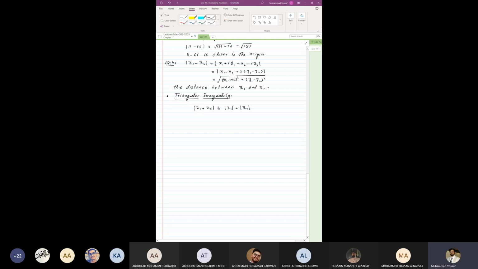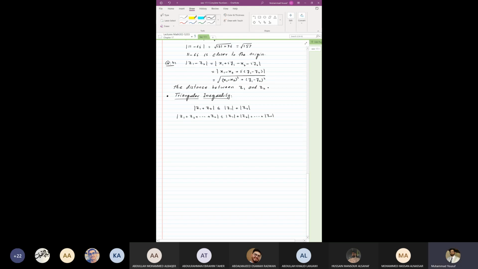And this property is true not only for two complex numbers, but for any number of complex numbers: the absolute value of Z1 plus Z2 plus up to Zn is less than or equal to the sum of the absolute values of Z1, Z2, up to Zn.